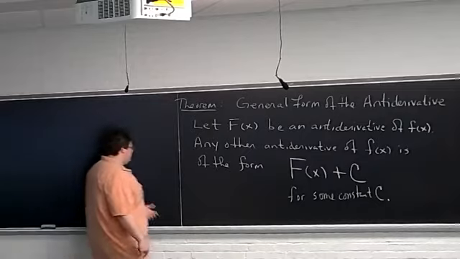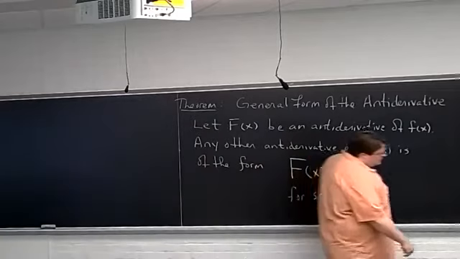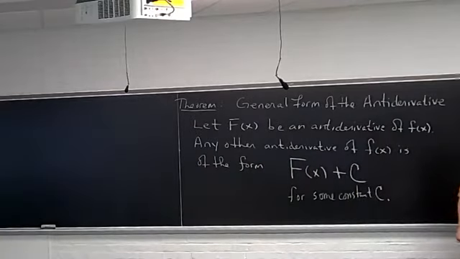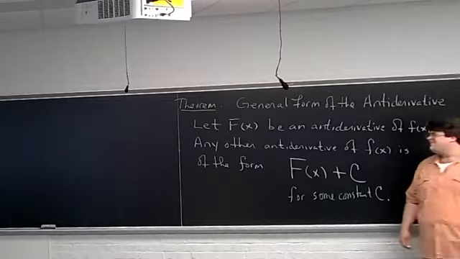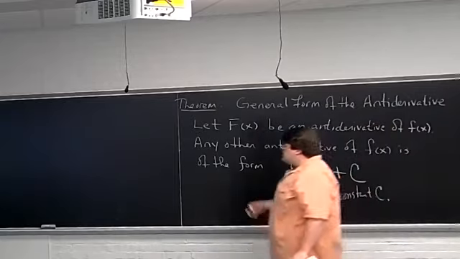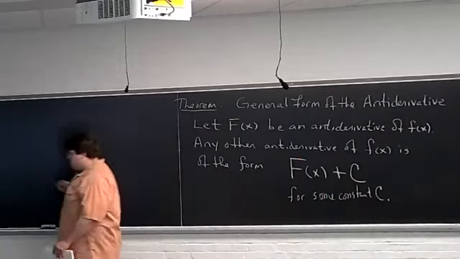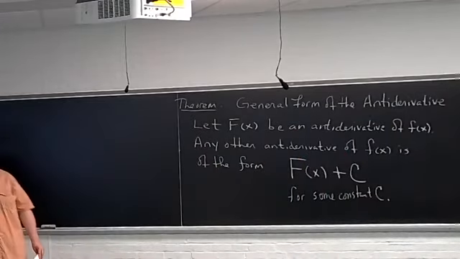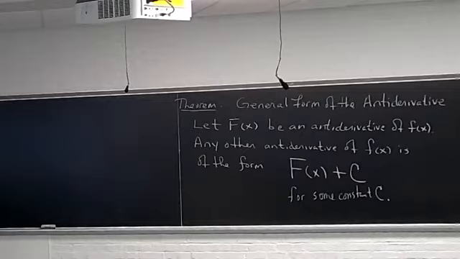How do I want to phrase this? I don't want to phrase it how I was about to. Well, yeah, maybe I'll do that first. So we have this result which says any other antiderivative is of this form. In particular, any antiderivative is of that form because 0 is also a constant.